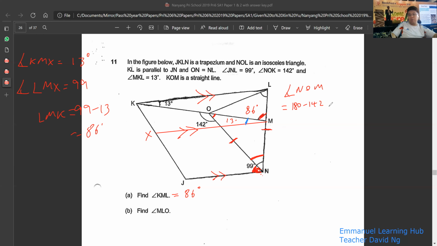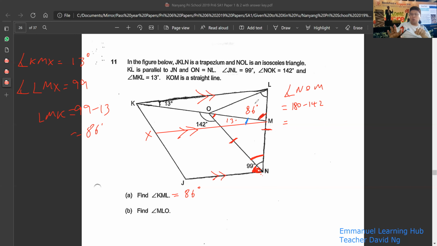Okay, 180 minus 142. Why 180 minus 142? Angles on a straight line. Yes, because KOM is a straight line. This is called adjacent angles on a straight line.